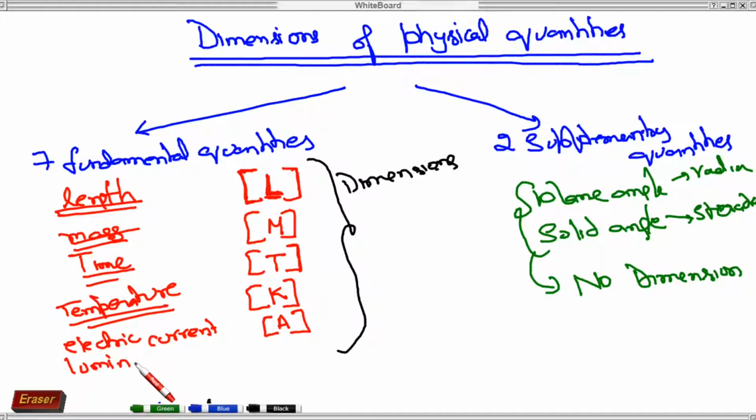Luminous intensity, so candela is the unit of luminous intensity, so we'll denote it like this. These are the dimensions. You can remember that these are dimensions.